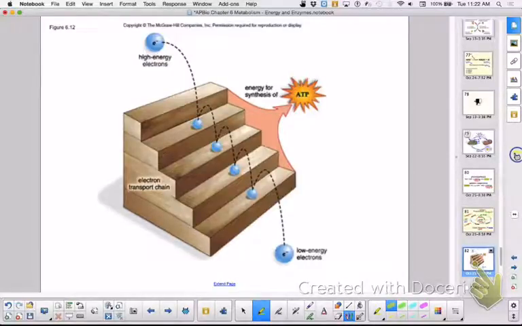Okay? I want this chain to keep going, so I need an electron acceptor right here. Here is the electron acceptor. I am NADP, and I just became reduced NADP. Are you bringing it?